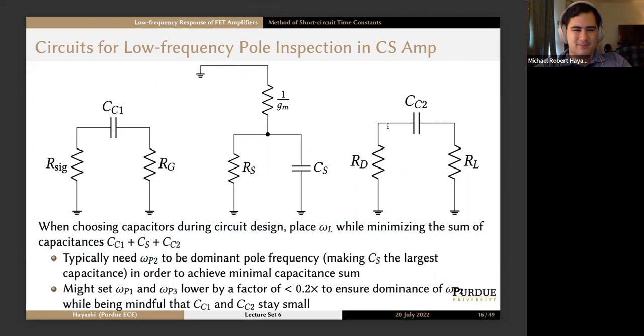We typically want omega P2, the pole associated with C sub S, to be the dominant pole frequency. That will help us achieve the minimum capacitance sum. So we might set omega P1 and omega P3 lower by a factor of less than 0.2 times this pole to ensure the dominance of omega P2, being mindful that CC1 and CC2 remain small themselves.